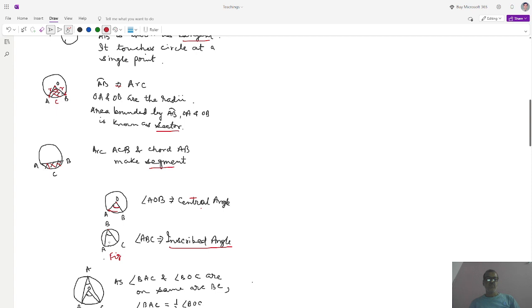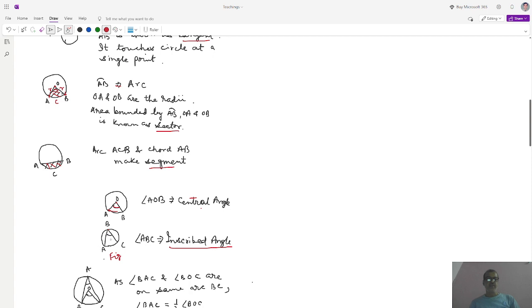If two chords meet on the circumference of a circle, then these two chords make an angle which is known as inscribed angle.